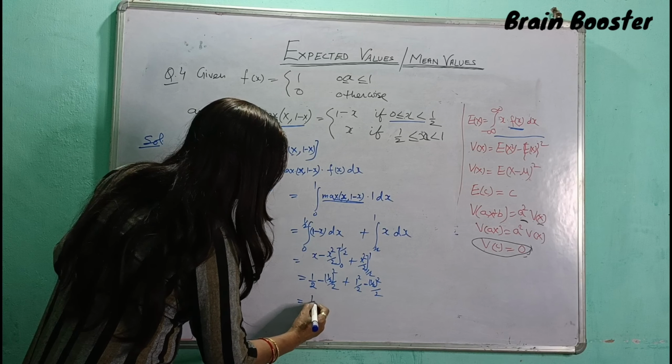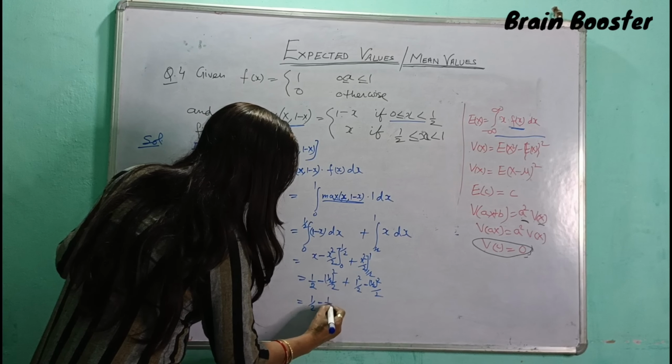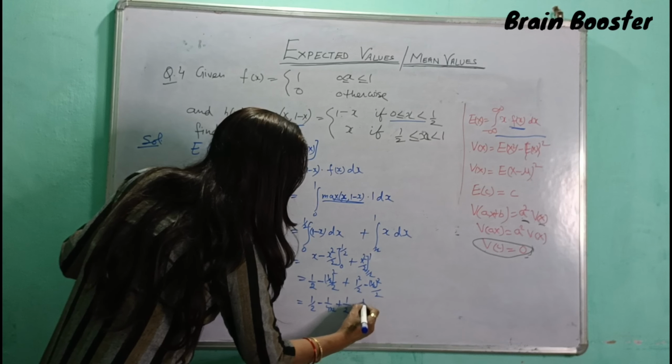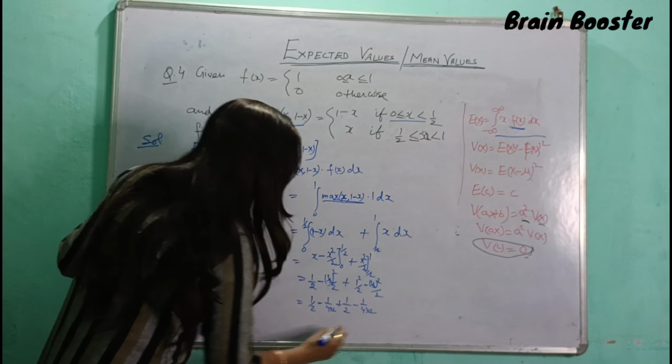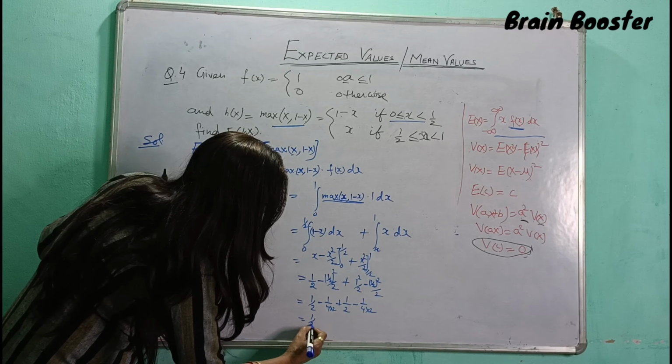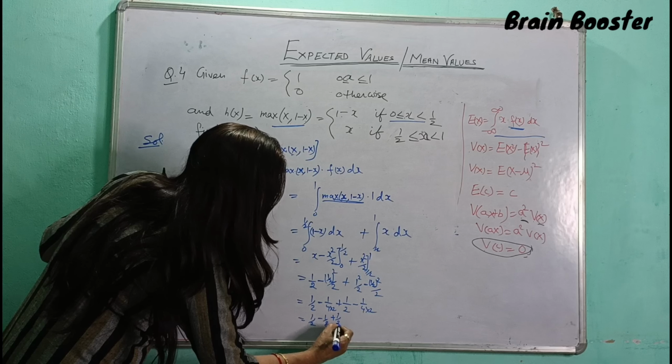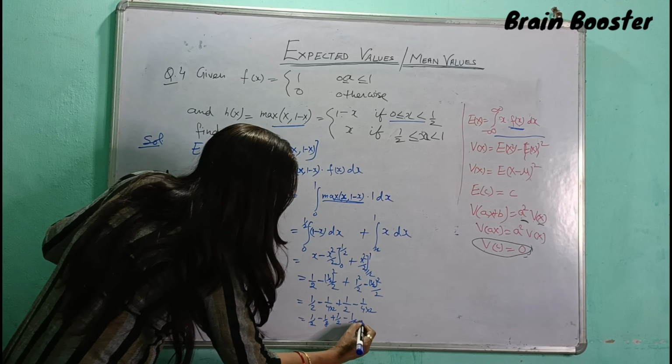Now it will be 1/2 minus 1/4 into 2, plus 1/2 minus 1/4 into 2. That means 1/2 minus 1/8 plus 1/2 minus 1/8.